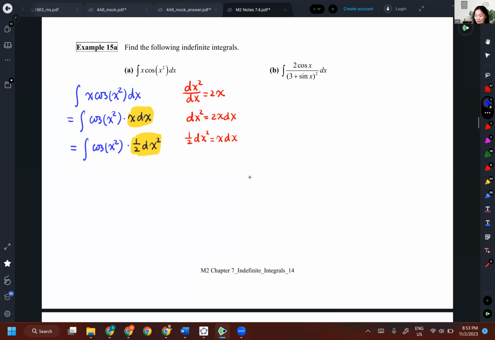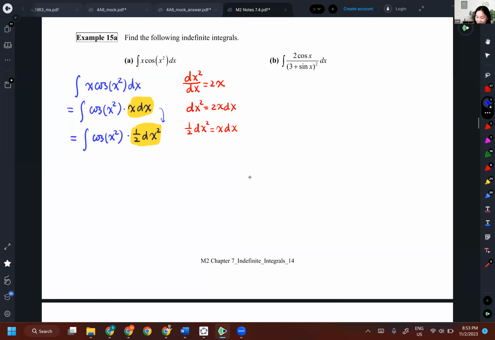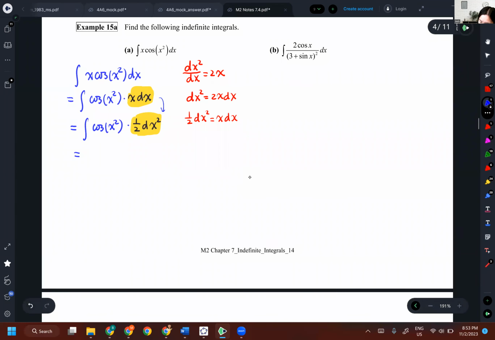Really, this means to integrate x. Now, what is the integral of x? That means 1 over 2 x squared. Okay. And then we can take out 1 over 2 cosine u du, and then it becomes sine u.